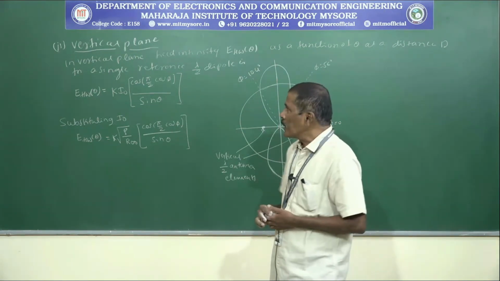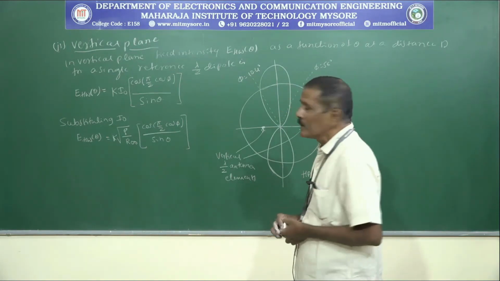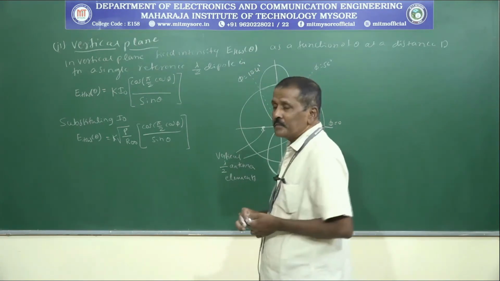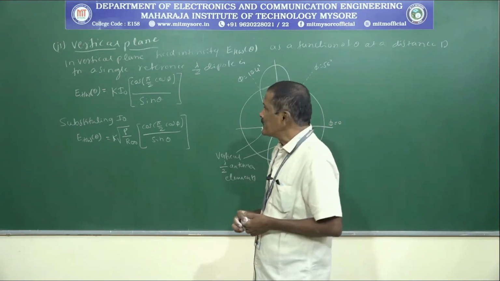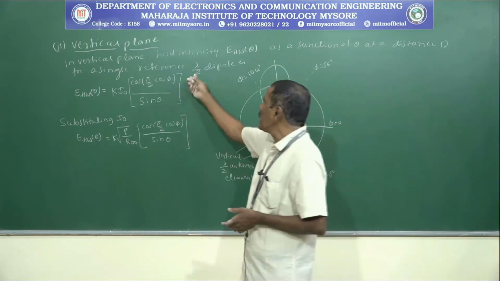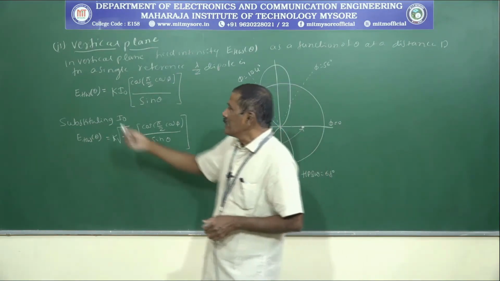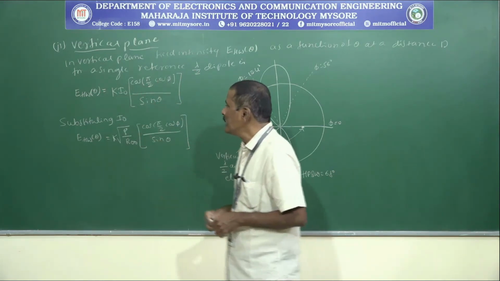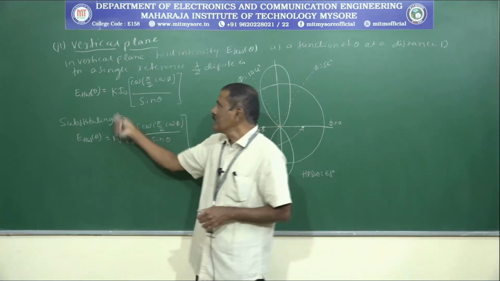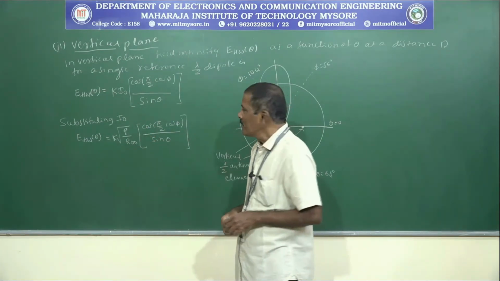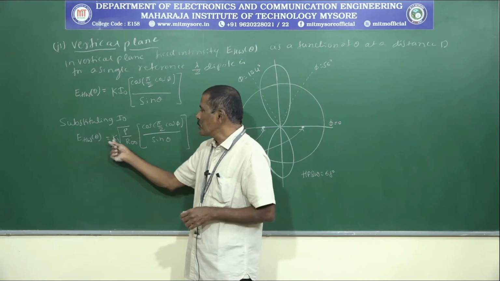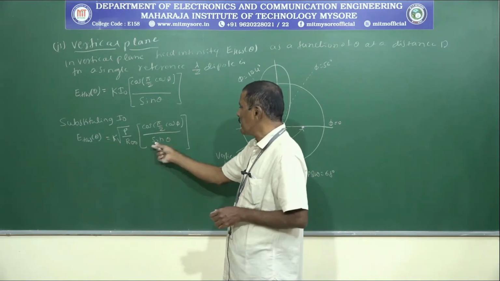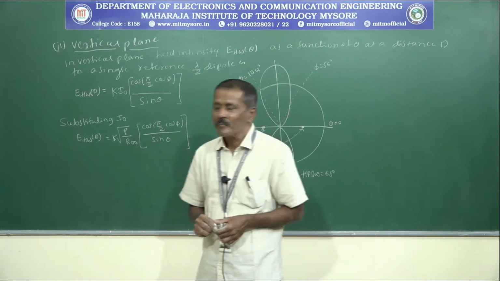Consider the vertical plane. In a vertical plane, the field intensity EHW of theta as a function of theta at a distance d for a single lambda by 2 dipole is EHW of theta equal to k into I0 cos of (pi by 2 cos of phi) divided by sin theta. Substituting the value of I0, EHW of theta is equal to k into root of P divided by R00 into cos of (pi by 2 cos of phi) divided by sin theta.